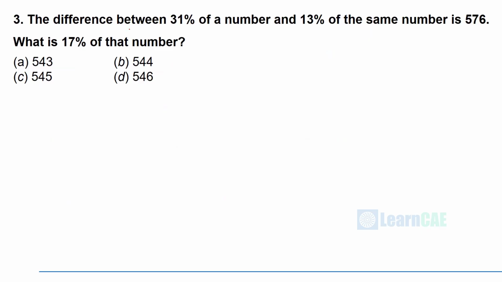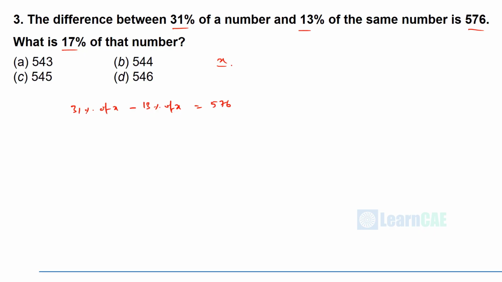Next question. The difference between 31% of a number and 13% of the same number is 576. What is 17% of that number? Okay, let the number be X. Difference between 31% of X and 13% of X is equal to 576.